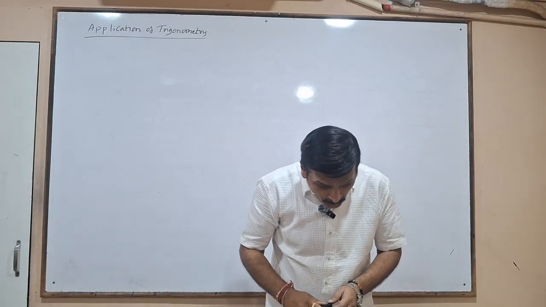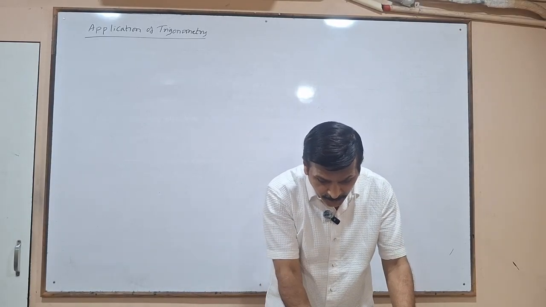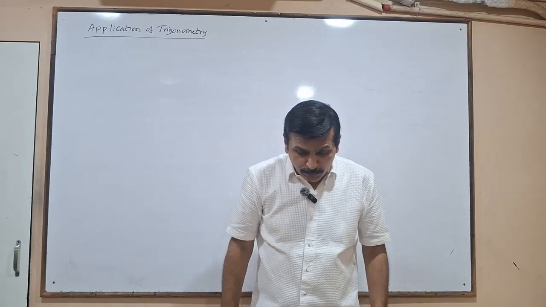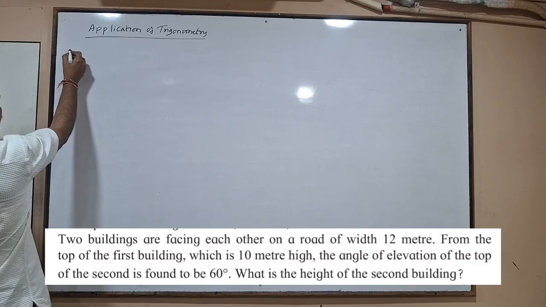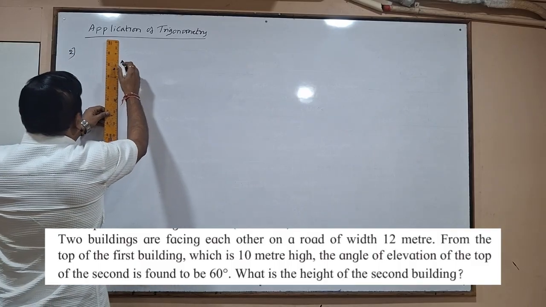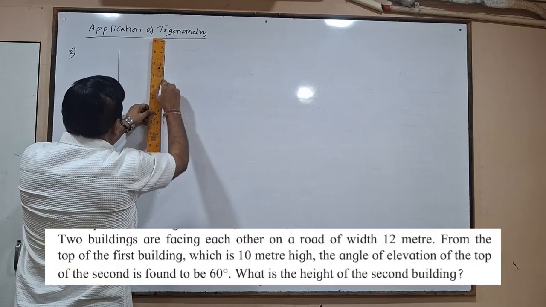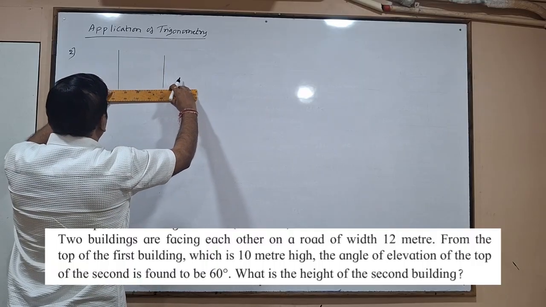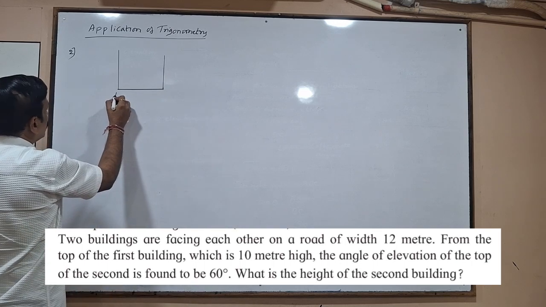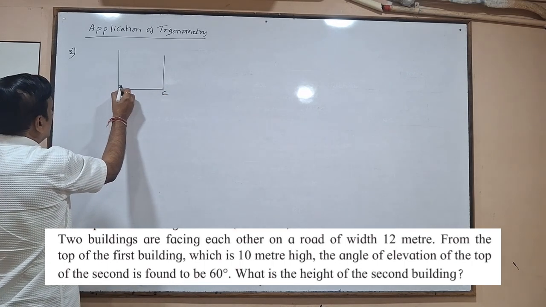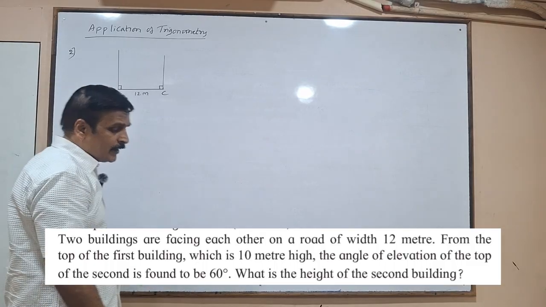Next question. The question says, two buildings are facing each other on a road of width 12 meter. Buildings AB and CD are perpendicular, and the width is 12 meter.